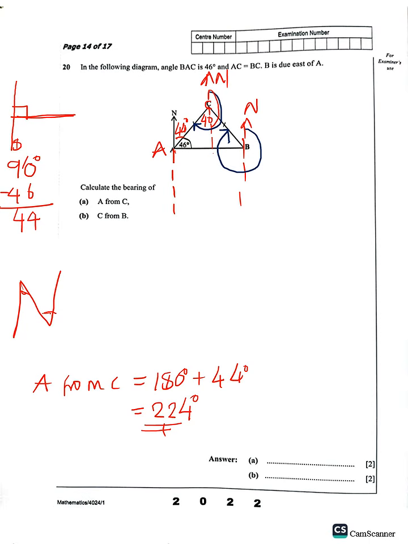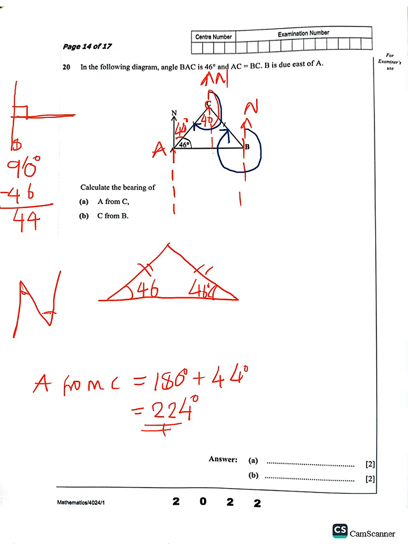Okay, so what we are going to do is we need to look at the way this triangle is. We have been given these two angles, and these two angles are equal. So here we have 46, also here we have 46.